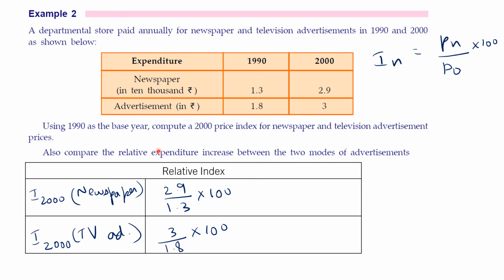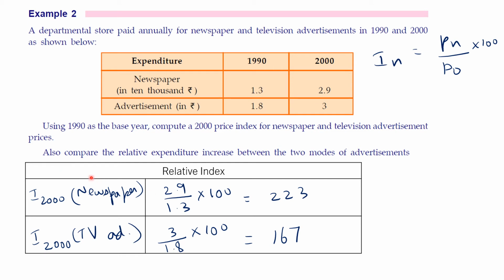So this is equal to 223, and this is equal to 167. So the relative price index for newspaper is 223, and for TV advertisement is 167.